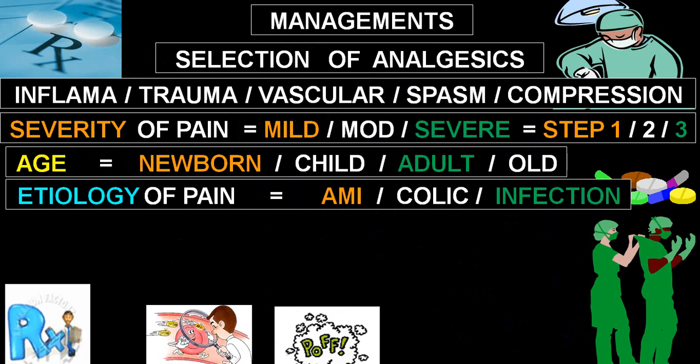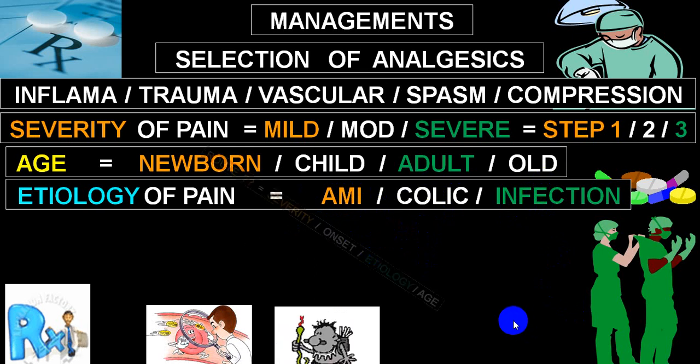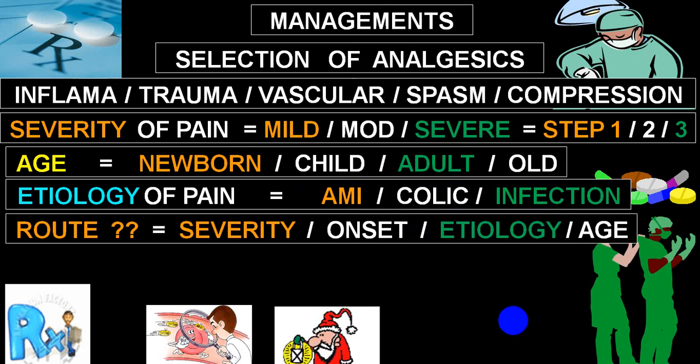Depending upon the etiology: acute myocardial infarction, colic, infections. In case of an infection, you don't utilize steroids. In the presence of colic, you don't require a powerful analgesic, you require an antispasmodic. In a case of acute MI, you will require opioids. NSAIDs will not work. So you have to think over all this.